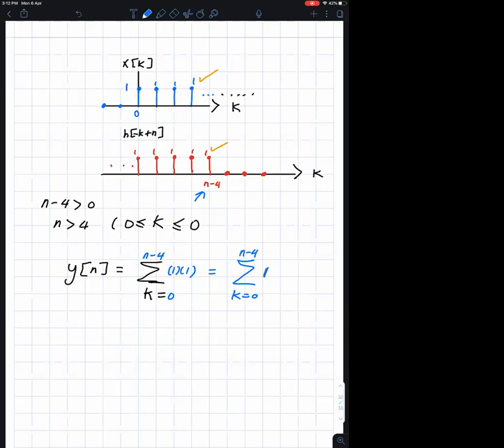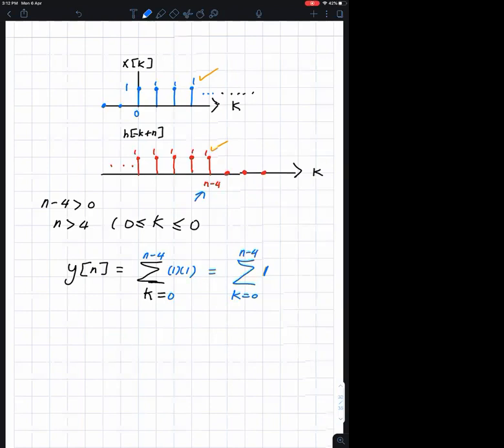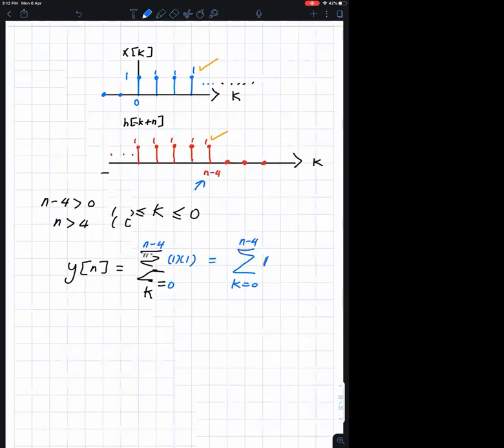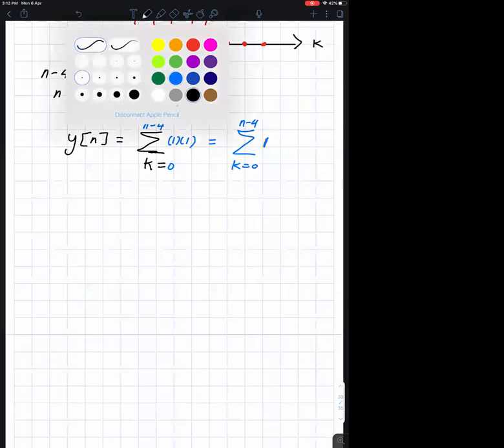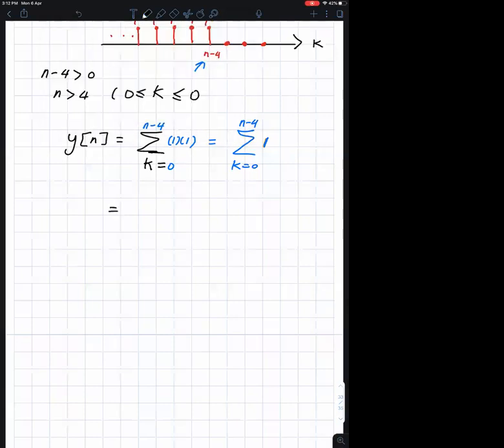How are we going to evaluate this? That is going to be upper limit minus the lower limit, plus 1.